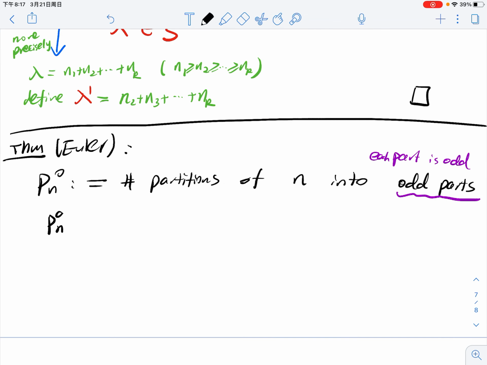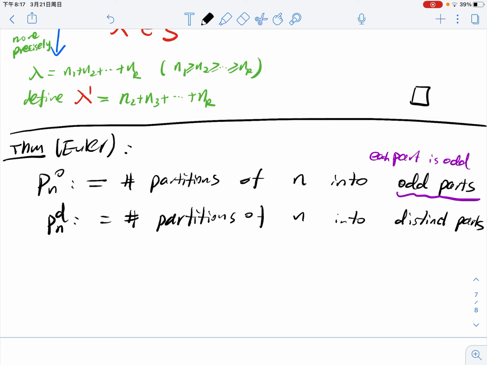And then Pnd is the number of partitions of n into distinct parts. In other words, n1 greater than n2 greater than n3, with no equality between these inequalities.